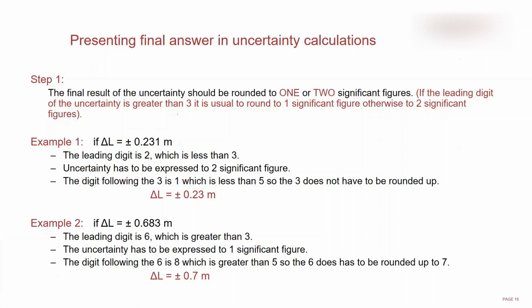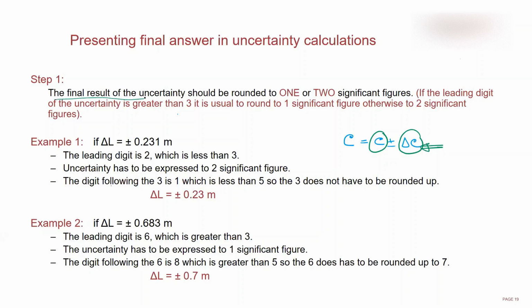Let's see how to present the final answer in uncertainty calculations. The final answer we can represent as the average plus or minus the uncertainty. Now we need to know how to write this average and also how to present this delta C, the uncertainty. We'll start with the uncertainty.